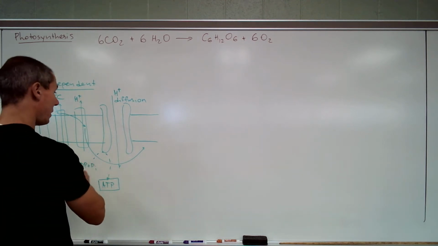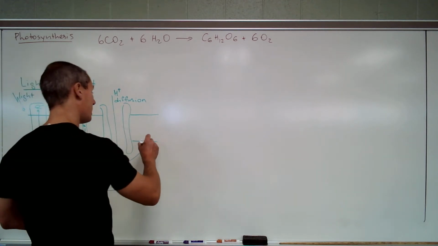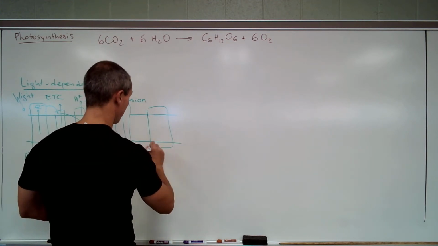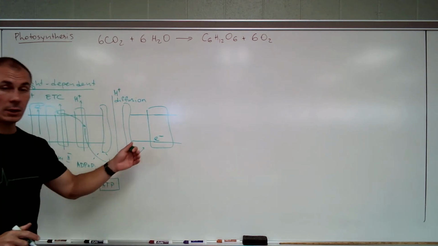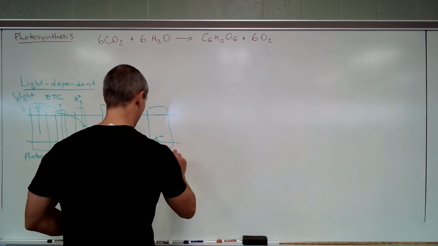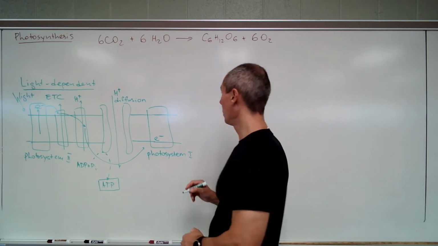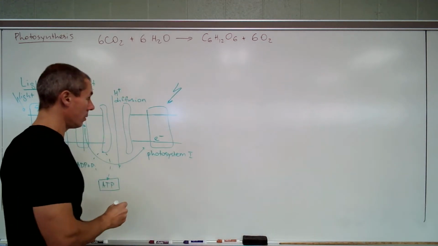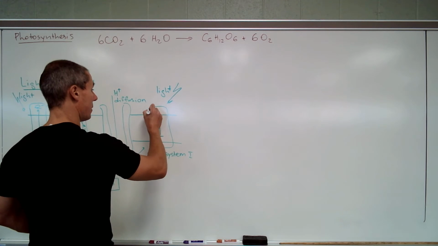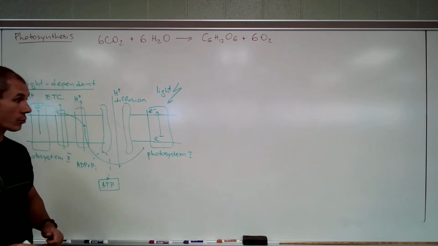So what happens next? We still have this electron, right? We still have this electron, really exhausted. It lost all its energy. So this electron ends up arriving at the photosystem 1. Photosystem 1 absorbs another bout of energy, light energy, which energizes this electron. This time, it doesn't enter electron transport chain.